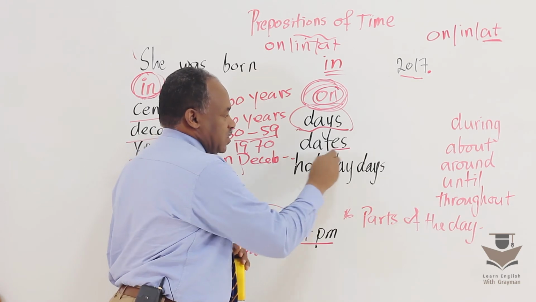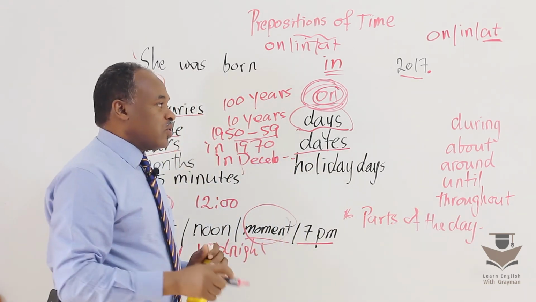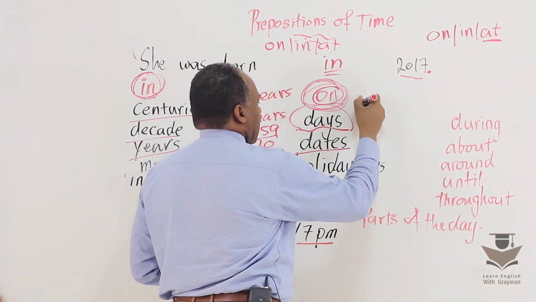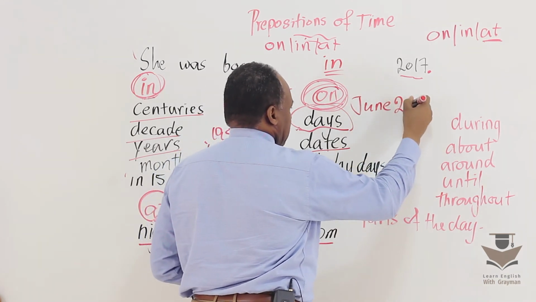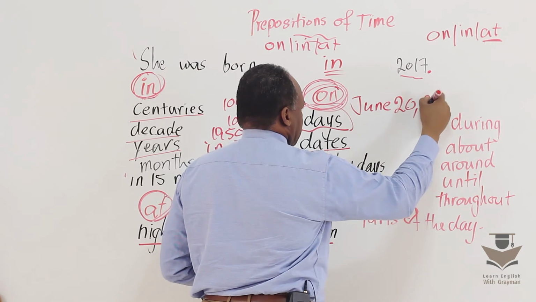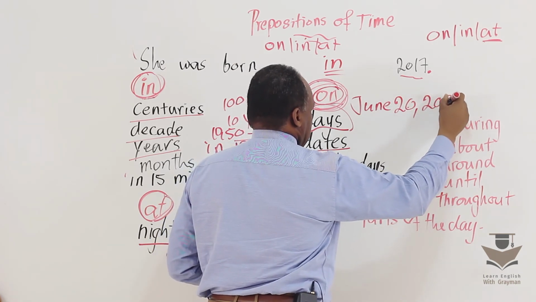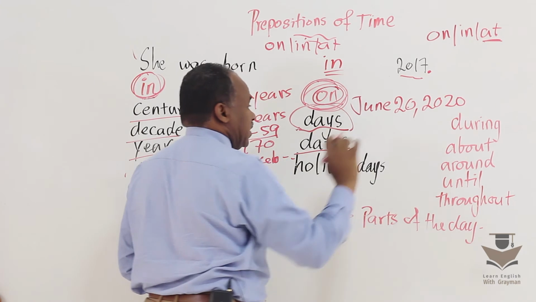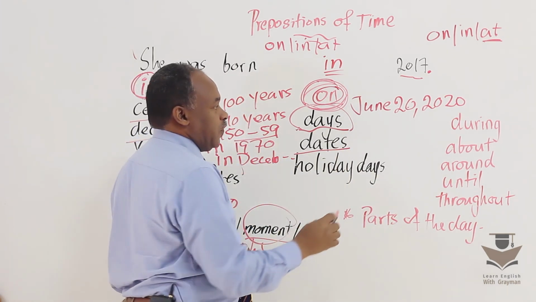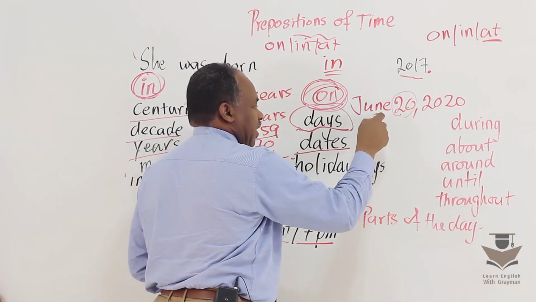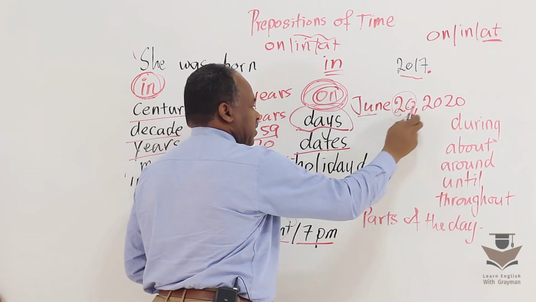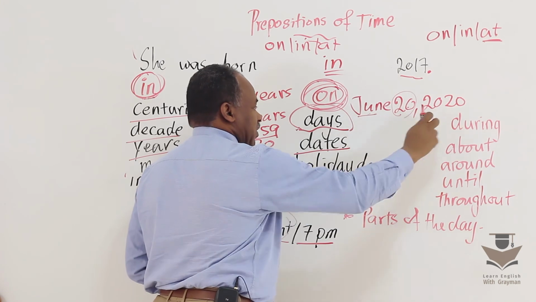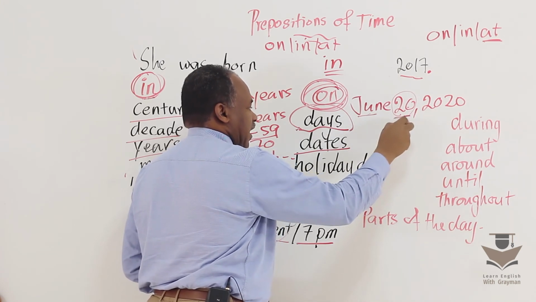What about dates? When we say dates, we're talking about, for example, June 20, 2020. So that's a date. If we remove the 20, that will be a month. If we remove both the June and the 20, that will be a year. So a date should have at least the day and the month.